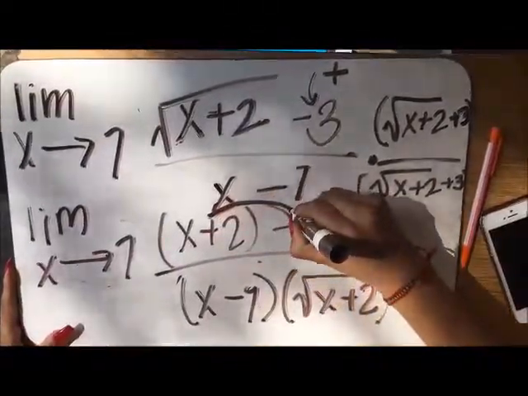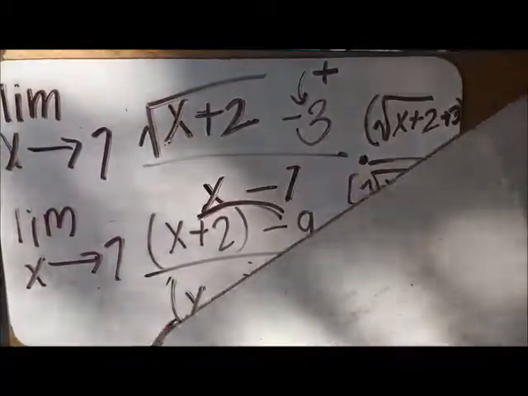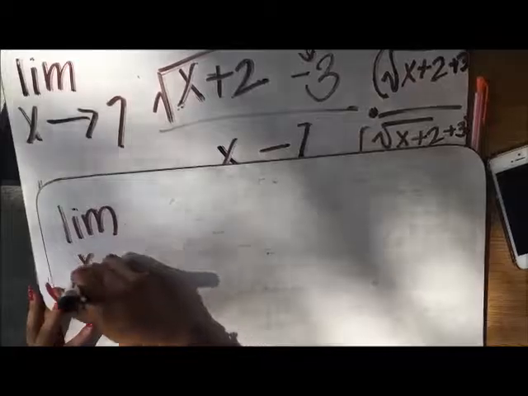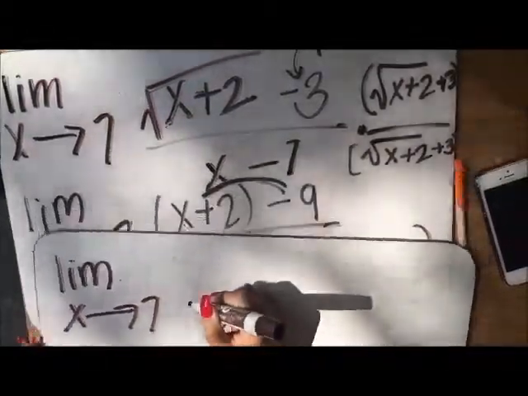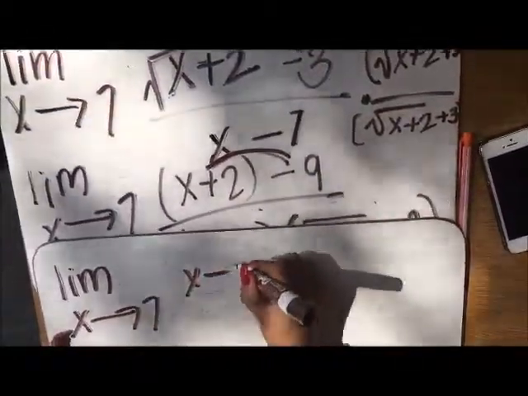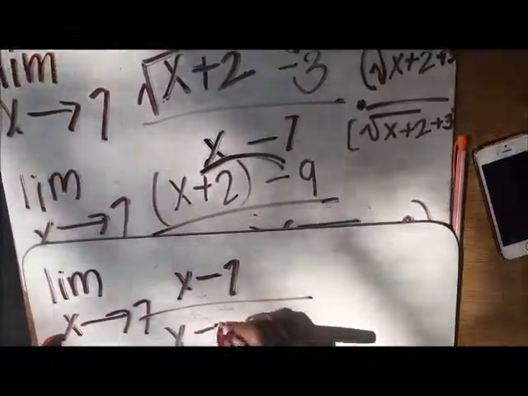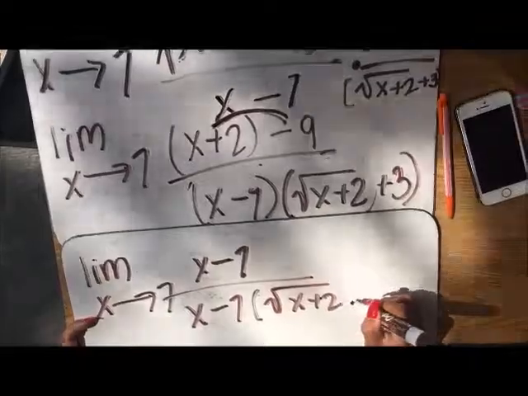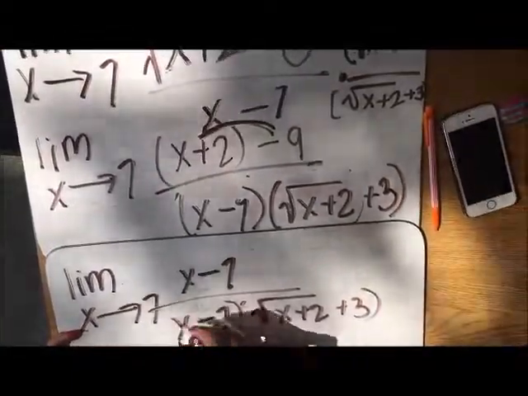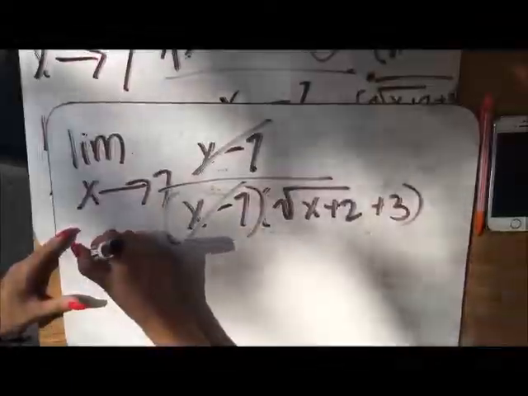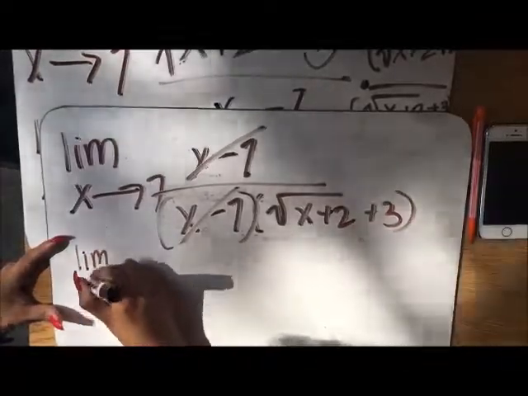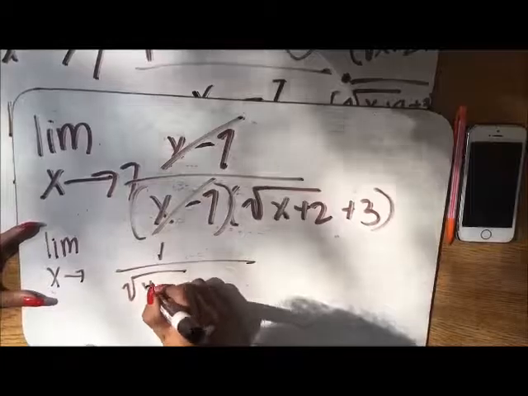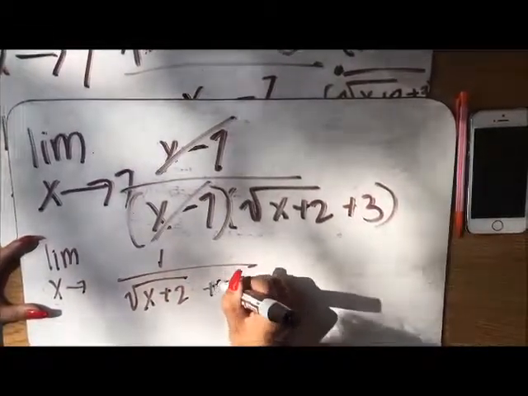So then when you add 9 and 2, it gives you the limit as x approaches 7 of x minus 7 over x minus 7 times radical x plus 2 plus 3. And as you can see, you can cross it out. So then the limit as x approaches 7 is 1 over radical x plus 2 plus 3.